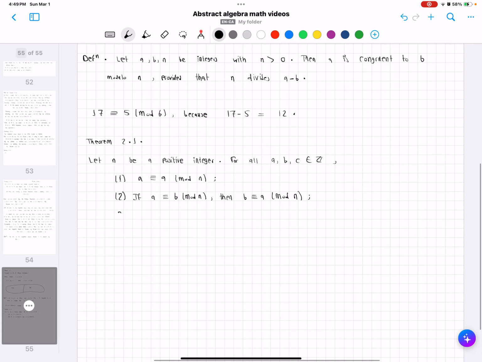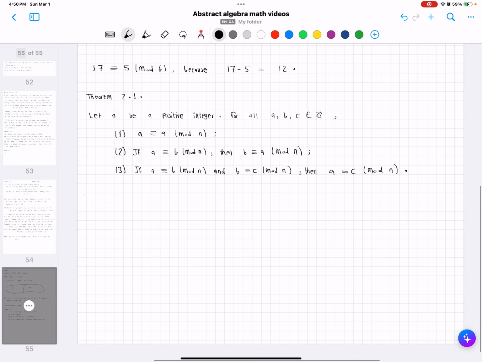And third, if a is congruent to b mod n and b is congruent to c mod n, then a is congruent to c mod n.